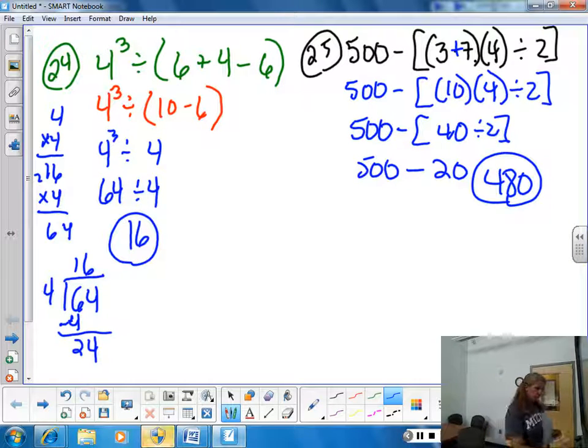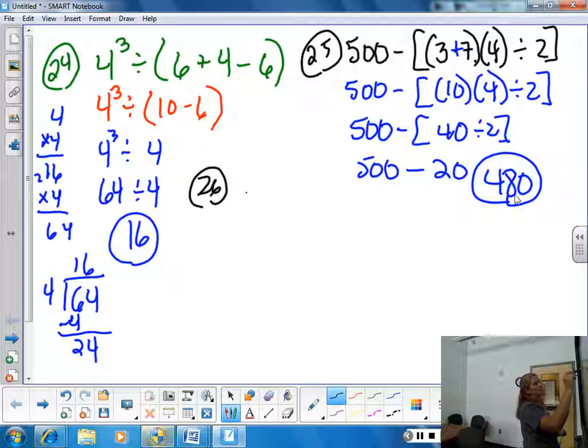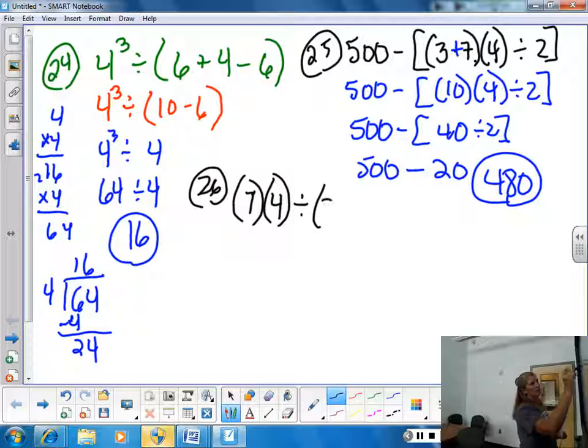Number 26 looks like this: 7 times 4 divided by 2 times 3, each in parentheses.